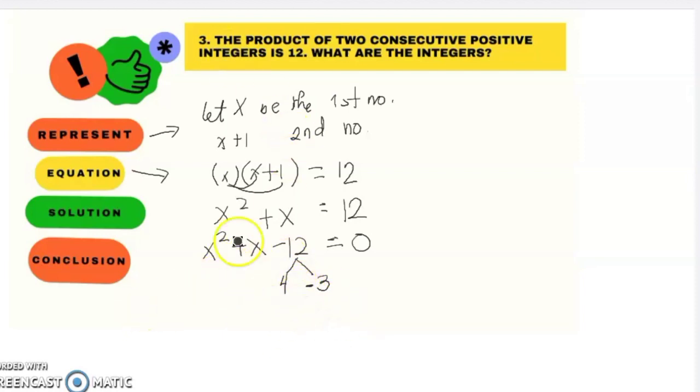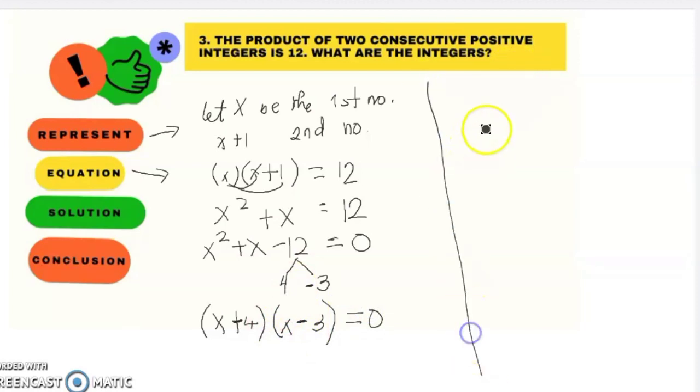So, the factors of x squared plus x minus 12 equals 0 are x plus 4 times x minus 3 equals 0. And now, we solve for x. So, we have two solutions. X plus 4 equals 0. And the other one is x minus 3 equals 0.